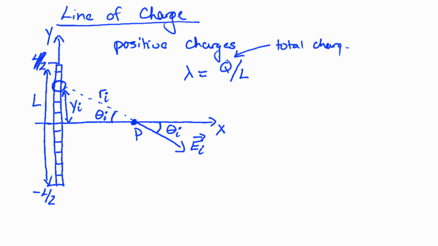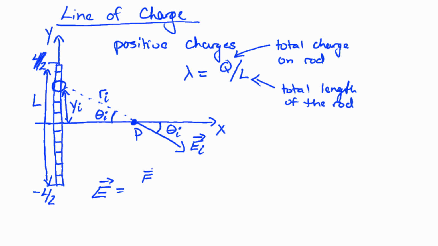And again, that's defined as the charge on the entire rod divided by the length of the rod. So Q is the total charge on the rod or the wire, and L is the total length of the rod. Now in this particular example, it's uniformly charged, meaning that each one of these little segments that I've drawn has the exact same amount of charge as every other little segment.